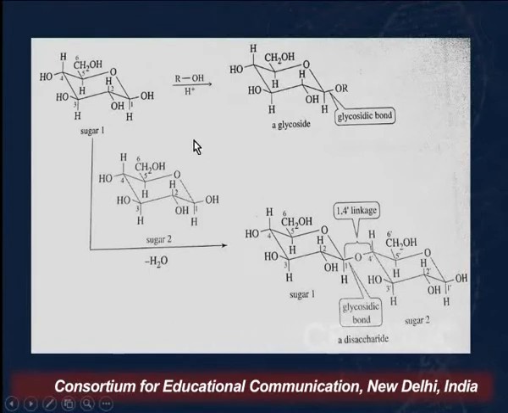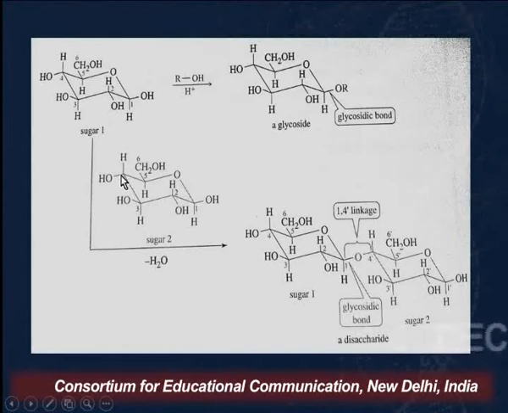Now instead of taking this simple alcohol, we take another molecule of a monosaccharide, and now this first sugar molecule is acting like a sugar residue, or like a hemiacetal. In this, the OH group at the anomeric carbon will react with any of the OH groups from the second monosaccharide.